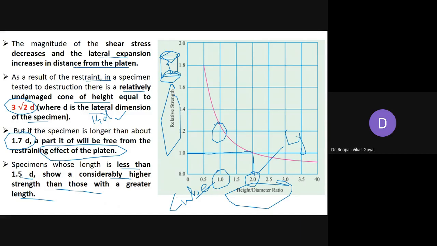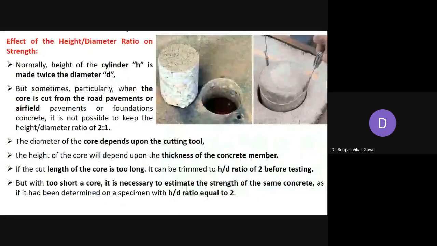So here, what would be the effect of height to diameter ratio on strength? So normally, the height H of a cylindrical specimen is generally made twice the diameter D. And sometimes when you are cutting a core from road pavement or airfield pavement or from a foundation, from whatever the parent concrete is, if you are cutting a core from it, we should try to maintain this height to diameter ratio as 2.